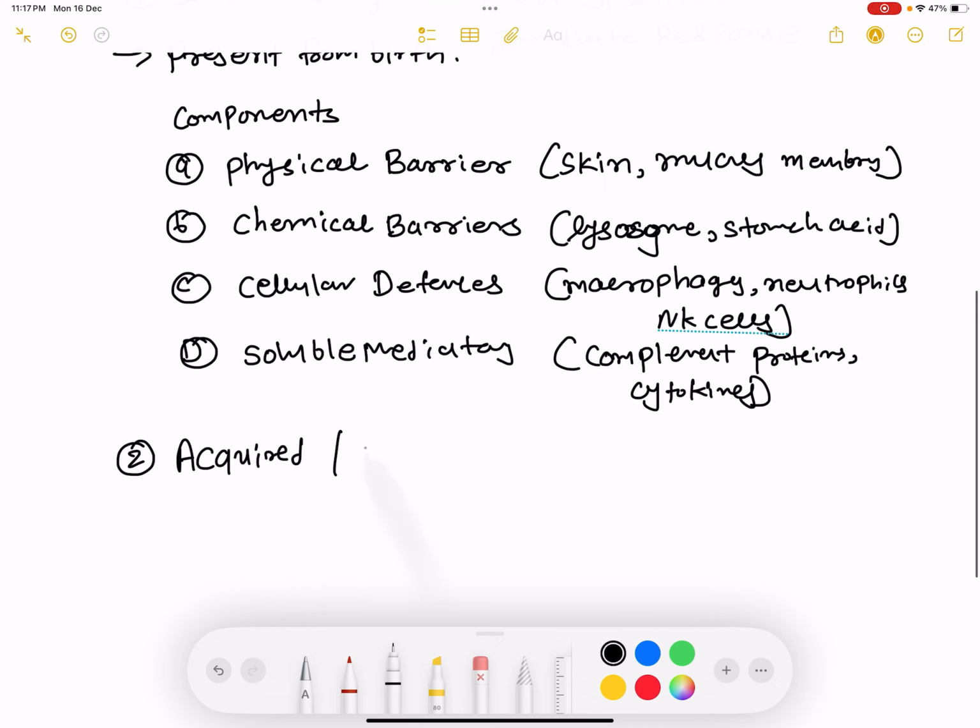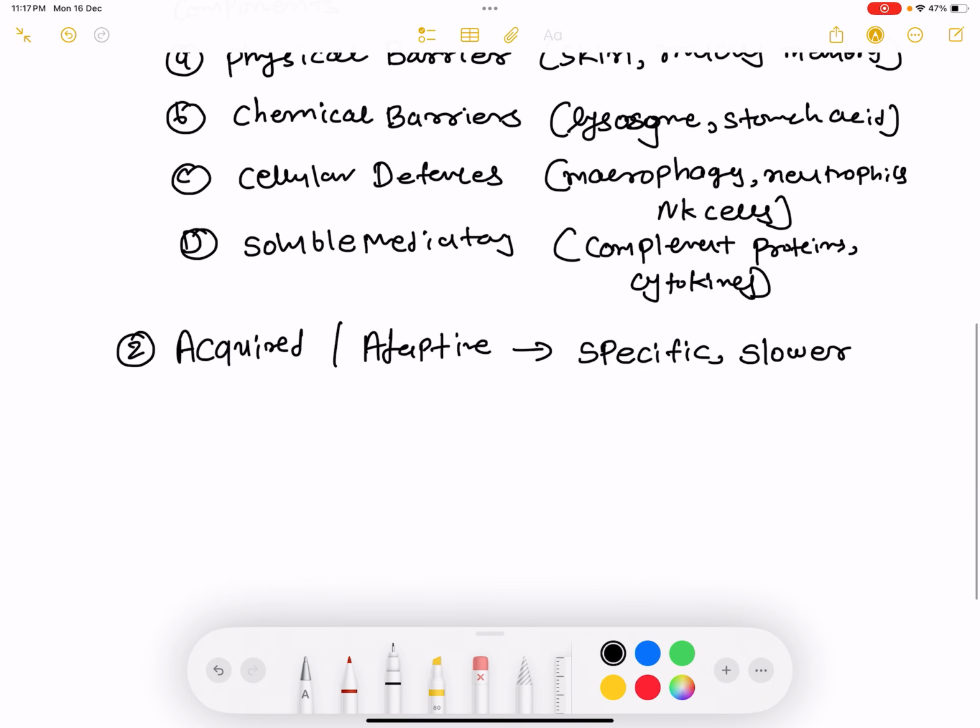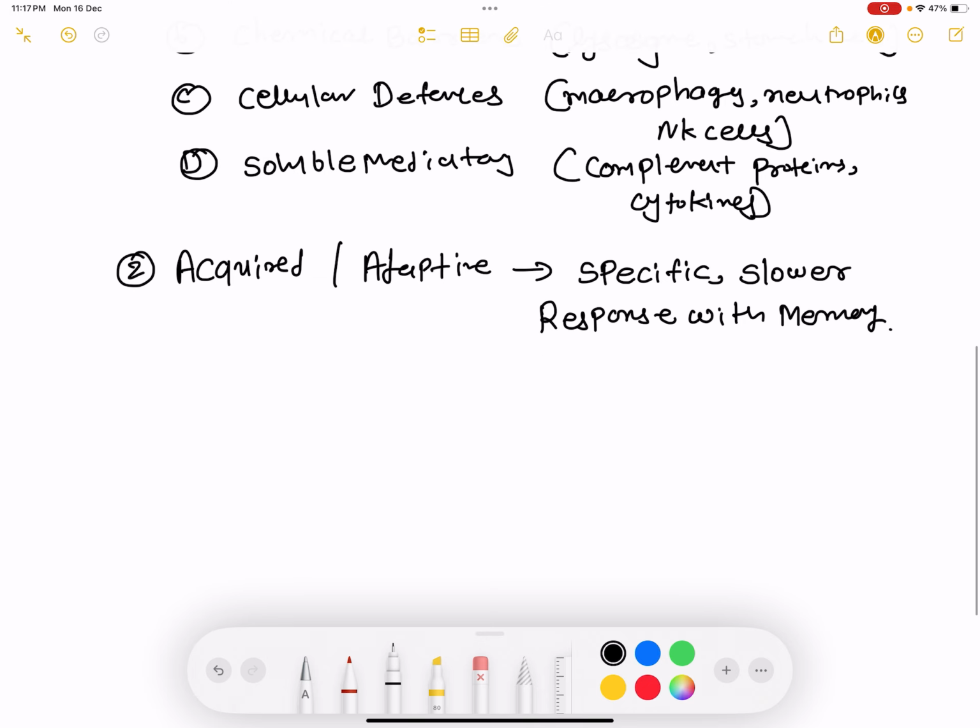Second, we are talking about acquired or adaptive immunity. It is specific immunity. It is slower than innate immunity, but it responds with memory. It has memory cells.